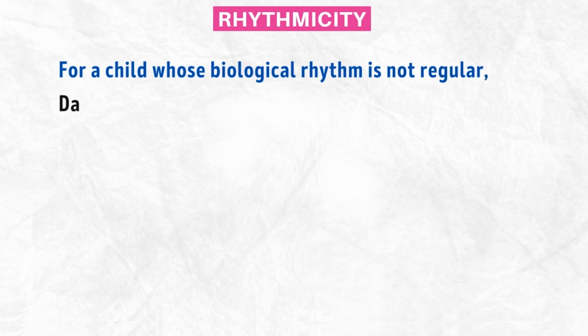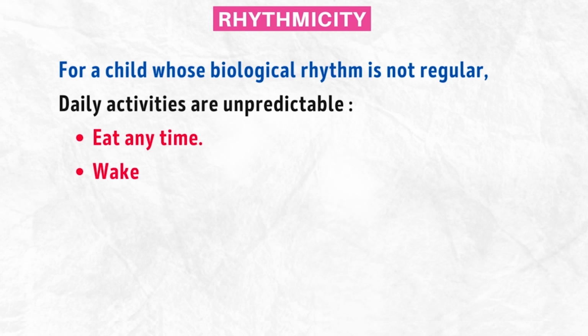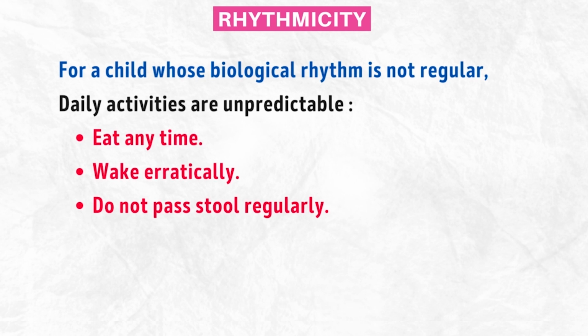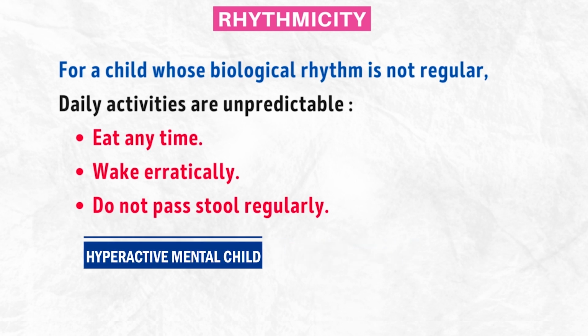Whereas a child or an infant who has unpredictable times for stools, urine, hunger, sleep, they sleep erratically, sometimes at any time, they wake up anytime, you cannot predict what the child is going to do, then this is called a hyperactive mental child.